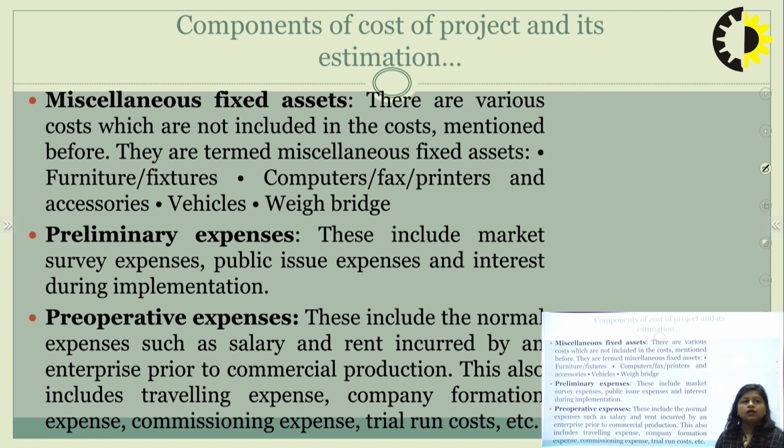Now the next component is the miscellaneous fixed assets. These are the various costs which are included in addition to the costs we discussed just above. Like what happened till now: we acquired the land, we constructed on the land, based on that we purchased the machinery, we developed the plant, and the various utilities.